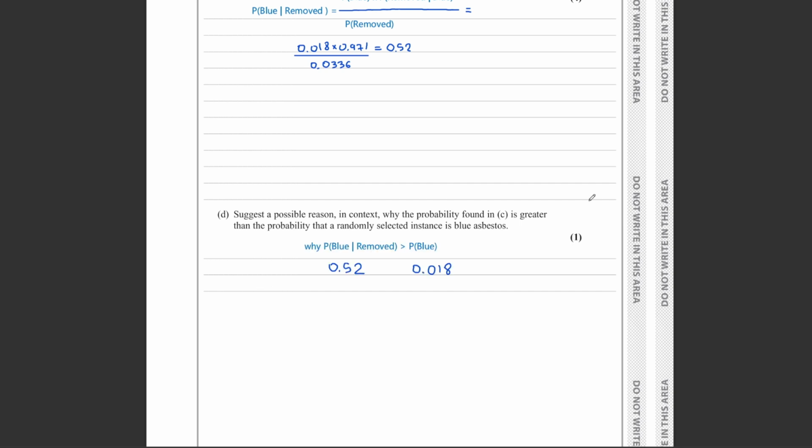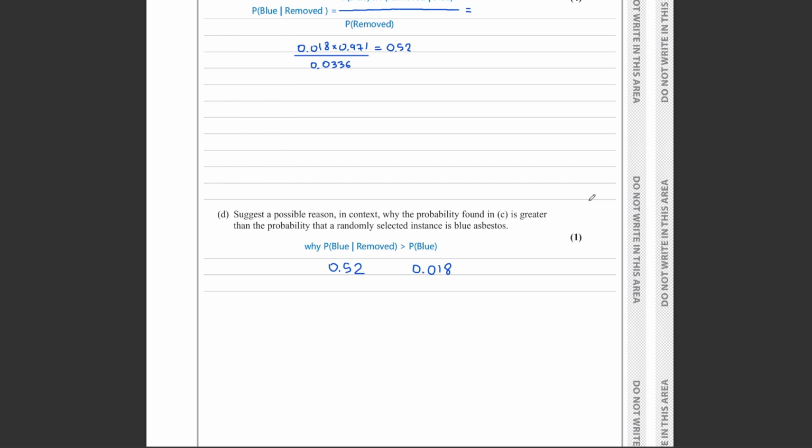In question D, we need to explain why the probability of the blue one, given it's removed, is more than probability of just the blue. That is because overall, blue appears in 1.8% instances, but among removed instances, blue asbestos make up approximately 52%.